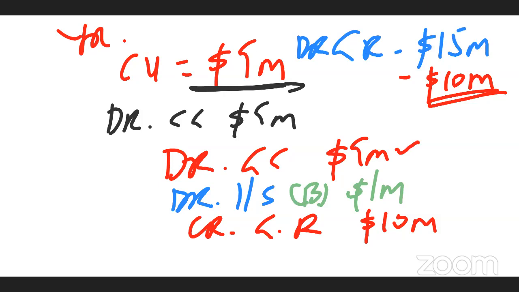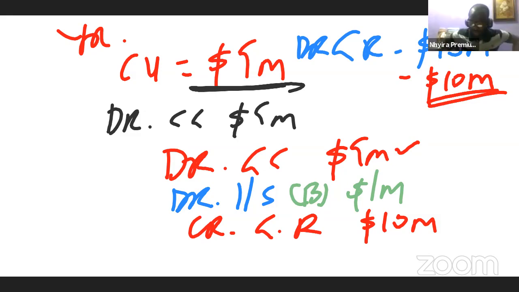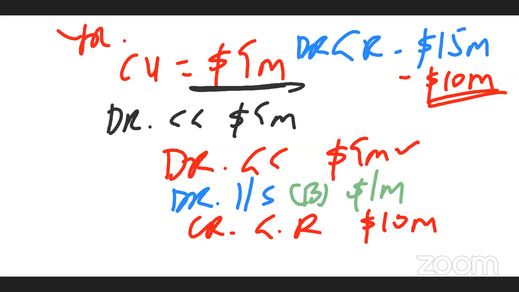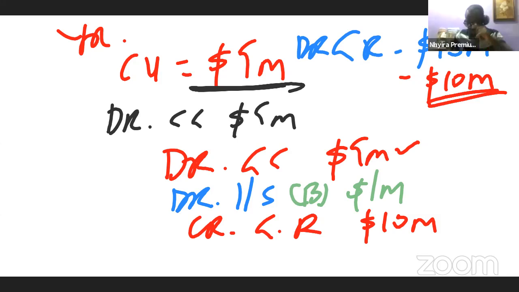The deferred grant, we should be having 5 there right now? We are receiving 5. No, we've received 5. So we are now left with 10 in the grant receivable.